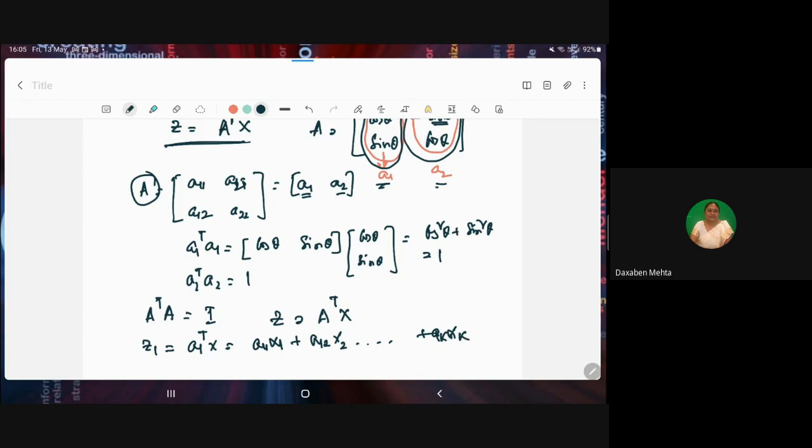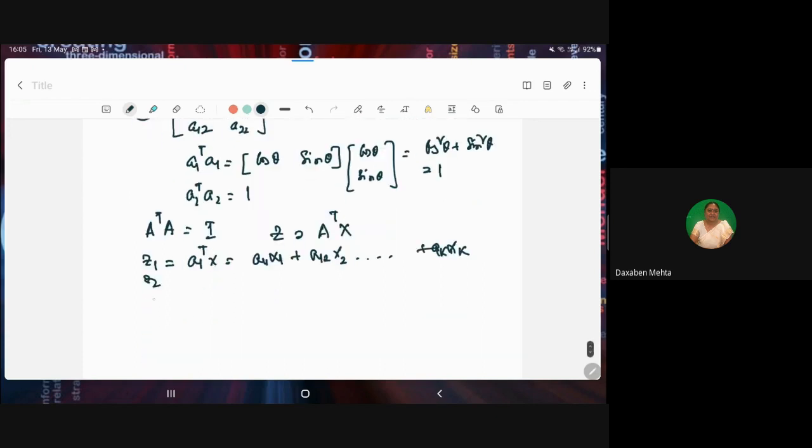Similarly you write Z2, and similarly you get ZK. So these are the principal components. This is what we are doing: we make the combination, not of the variables. Z1 is the first principal component, Z2 is the second principal component, and ZP is the pth principal component.